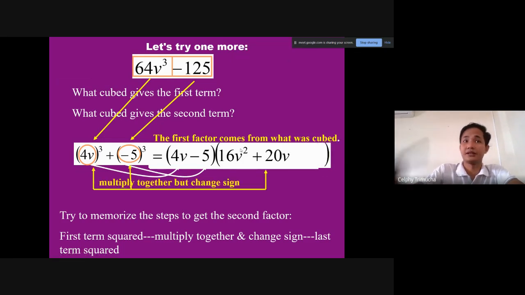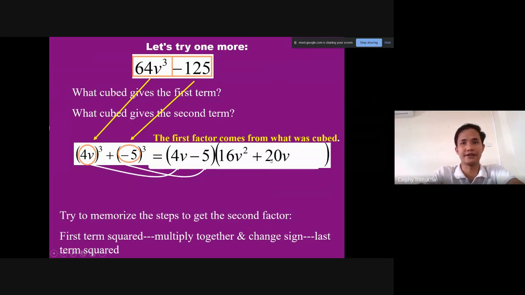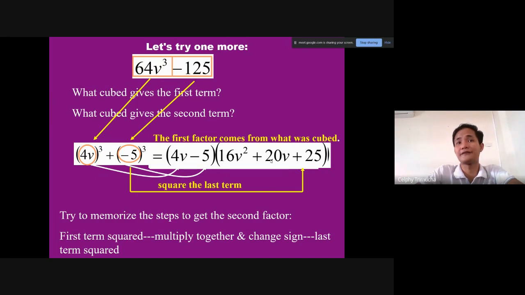Next, for the middle term, we multiply 4v times negative 5. The answer would be negative 20, but change the sign, so we will have positive 20v. Next, square the last term. Negative 5 squared will be positive 25. Okay? That is for the last term.